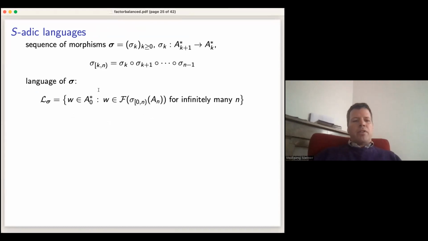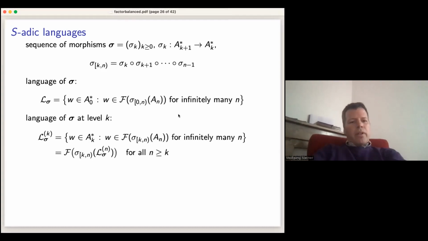And then the language of the sequence of morphisms is the set of words in A0 star that are factors of images of letters by sigma 0 n. You could take this just for the union over all n, but it's slightly better to take infinitely many n. It makes only a difference when there are some substitutions sigma k where not all letters of Ak appear in the image of Ak plus 1. So you usually could just think of the union over those sets.